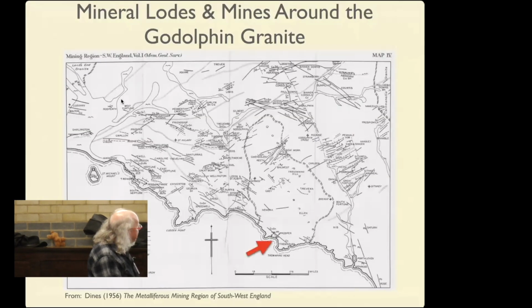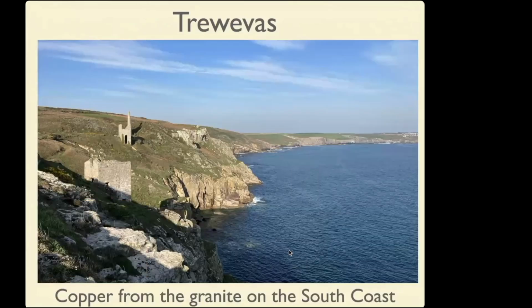This is Wheal Prosper. There's the pendant sticking in there, and it then got copper and tin in there. It went into the granites, and then down here at Trewavas, I'm sure it's pronounced something completely different. That's those sills in the distance, but this was copper mining in the granites at the end of the same lode.